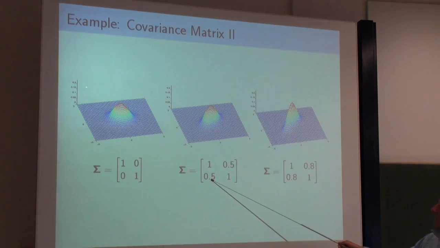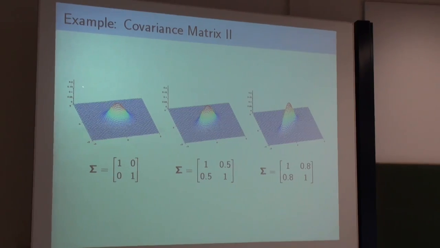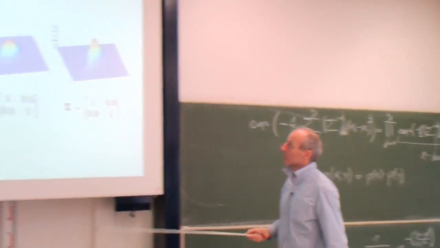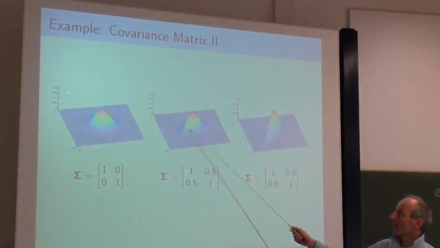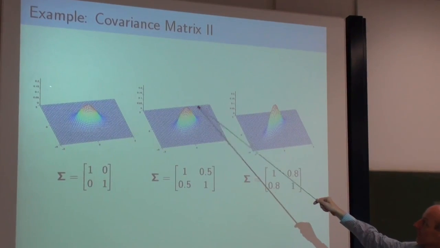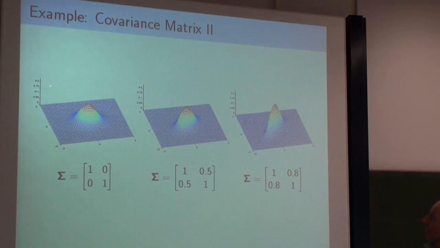And now, here it's no longer diagonal. That means our distribution will be turned around, so it will no longer be aligned in x or y direction. Here you see now it's exactly diagonal.